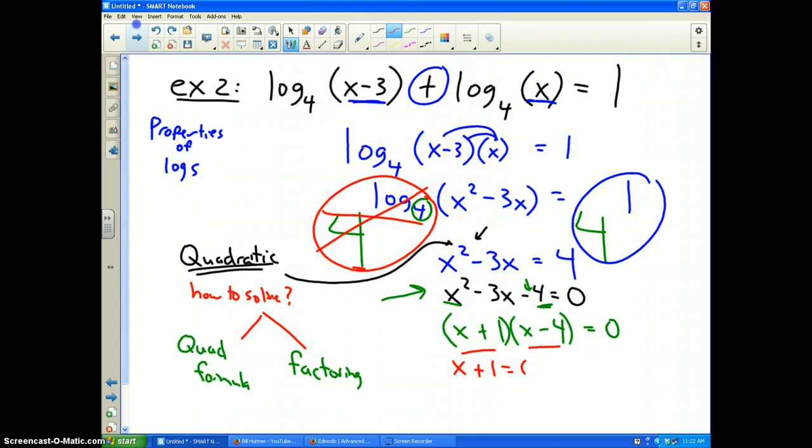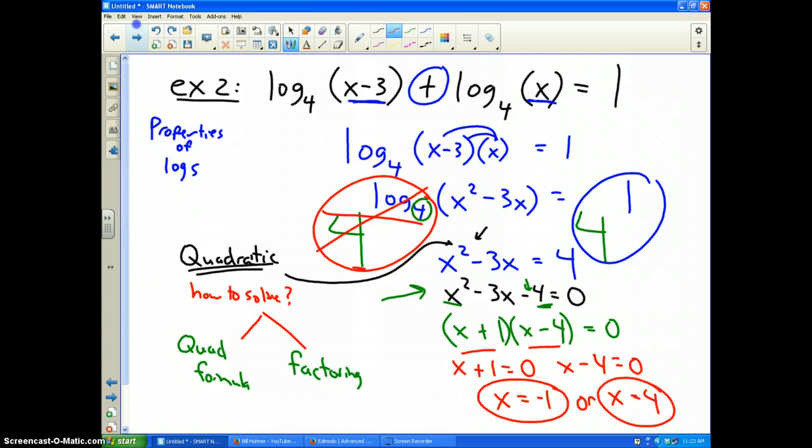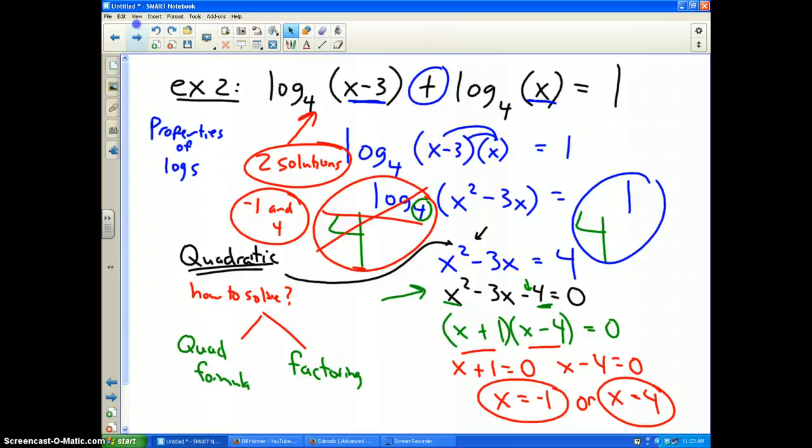Make our two factors equal to 0. And when you solve it, you get x equals negative 1 is one of the solutions of this problem, or x equals positive 4 is the other solution. So this problem actually has two solutions, negative 1 and positive 4. And that's how you solve a log equation.